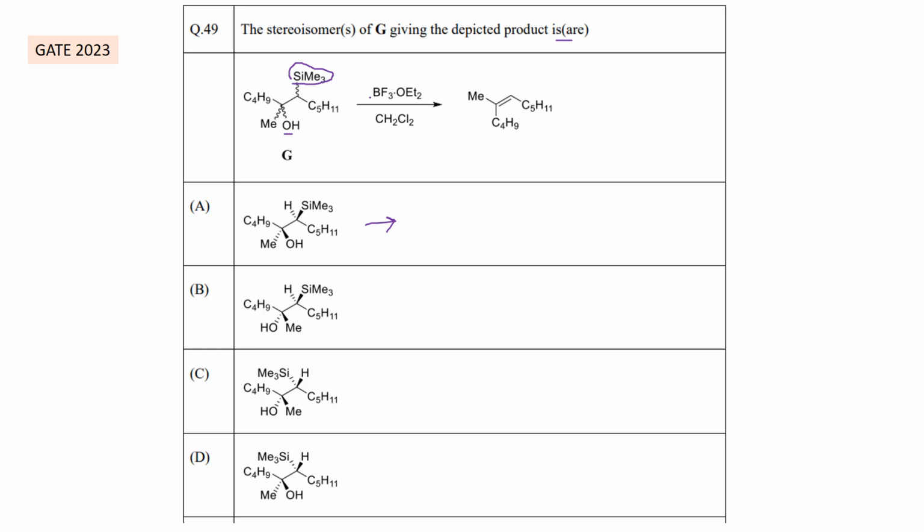Now we have to see how this reaction has been catalyzed, through acid or base. So BF3·OEt2 is a Lewis acid. Due to that, this is acid catalyzed, so the reaction will go through an anti-elimination.